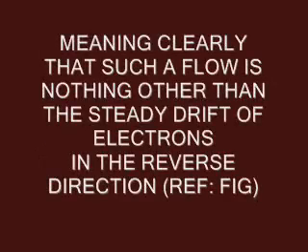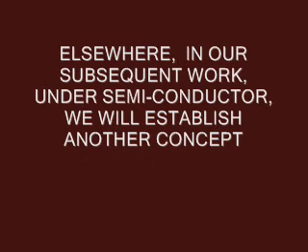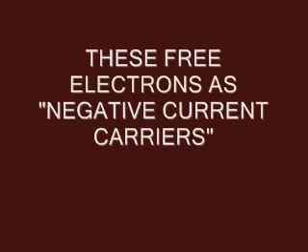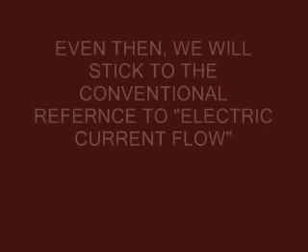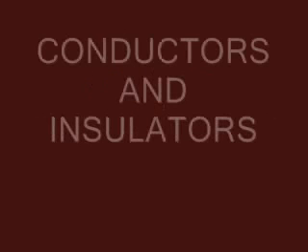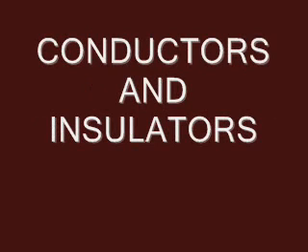Elsewhere in our subsequent work on semiconductors, we will establish another useful concept of referring to these electrons as negative current carriers. Even then, we will stick to the conventional reference to the electric current as a flow from the positive to the negative terminal of the battery through the external circuit.